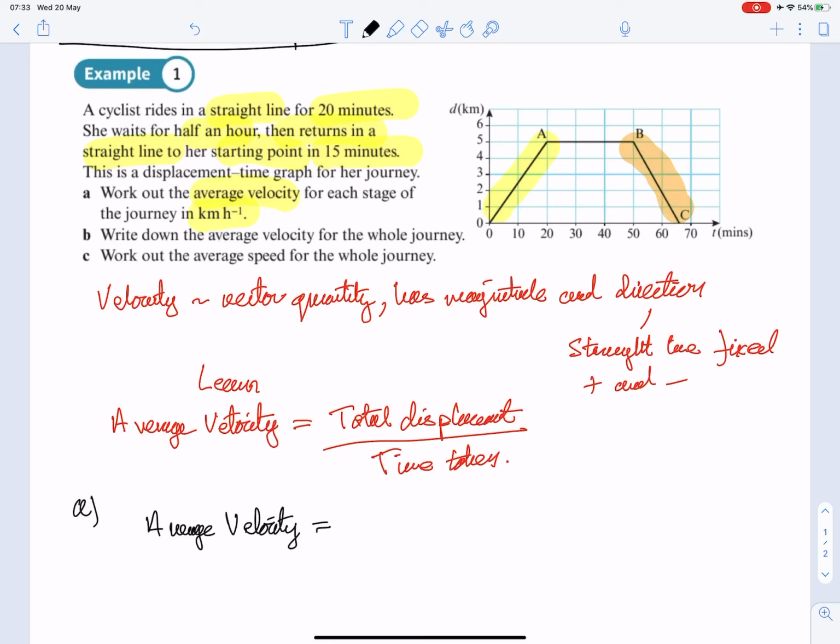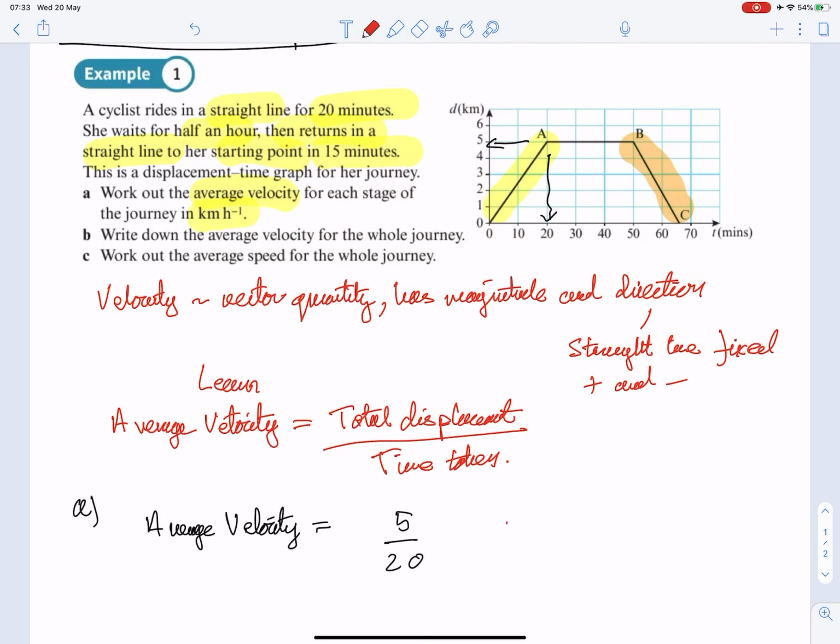Well, we can read that off the graph: 5, and the time taken is 20. Go back, read the question: work out the average velocity of each stage, in kilometres per hour.